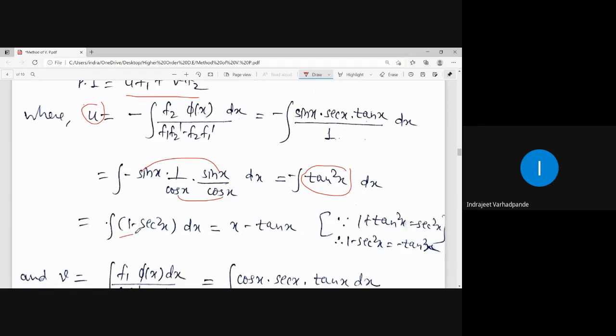Integration of 1 is possible, integration of sec square x is also possible. Integration of 1 dx is x, integration of sec square x is tan x. So we can find the answer for u very easily by integration. x minus tan x is the value for u.